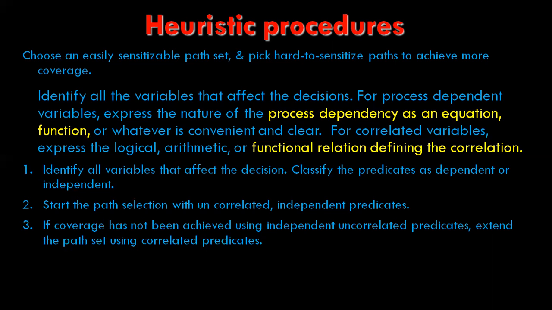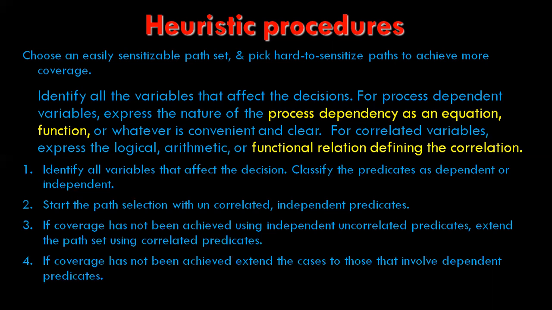So here we have to consider the correlated and independent predicates. If they are not covered, then we have to start considering the dependent and uncorrelated predicates. If coverage is still not complete, then we have to move to the last selection.